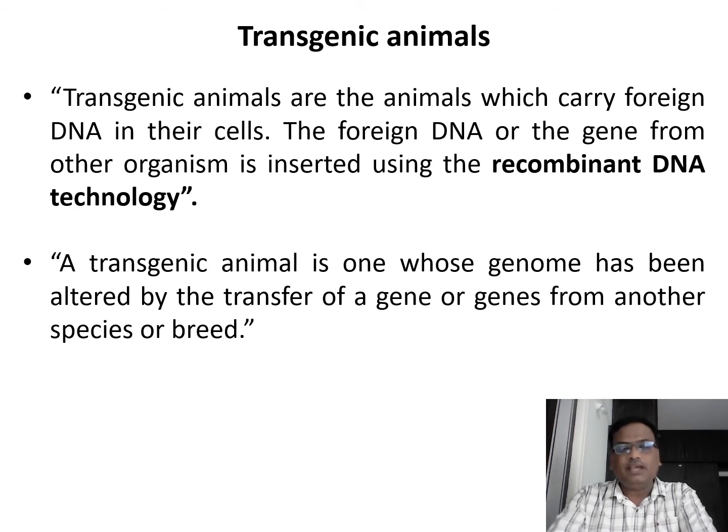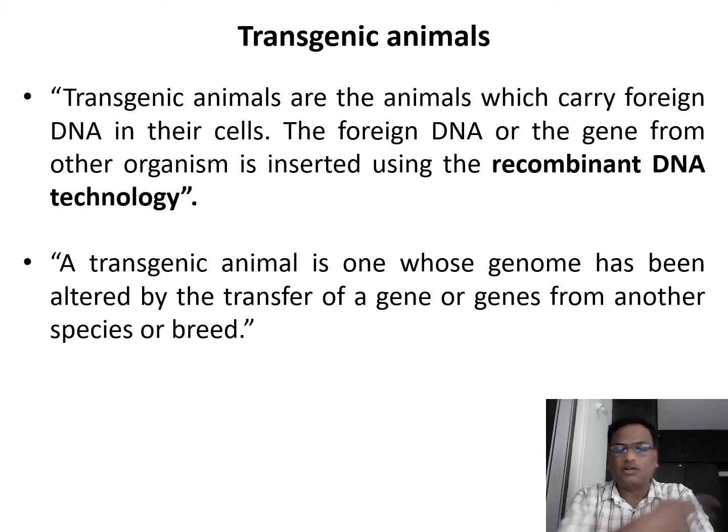A transgenic animal is one whose genome has been altered by the transfer of a gene or genes from another species or breed. That's about the transgenic animals. Many examples of transgenic animals are there, like fishes and goats. What they have done is inserted a gene from another organism into the goats to improve the quality of wool.